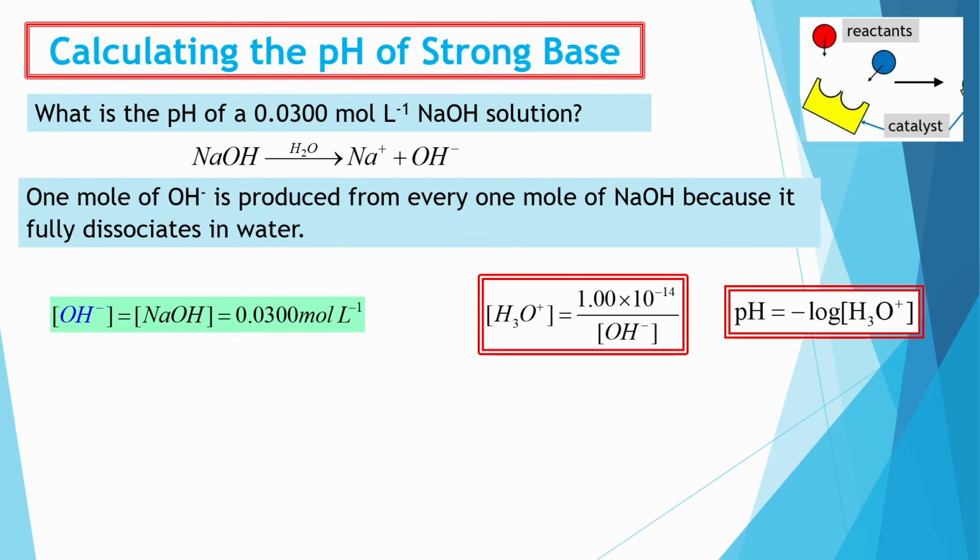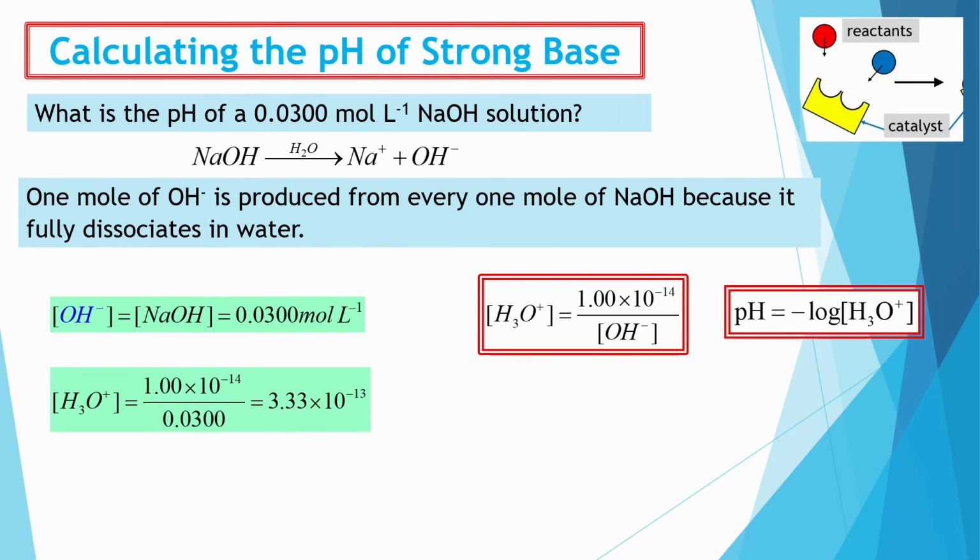If I want to find the hydronium ion concentration, I'm always going to divide 1 times 10 to the negative 14 by the concentration of the hydroxide or the base. In fact, if I want to find the concentration of the base and I know the hydronium ion, I also divide 1 times 10 to the negative 14 by that. It's the same every time.